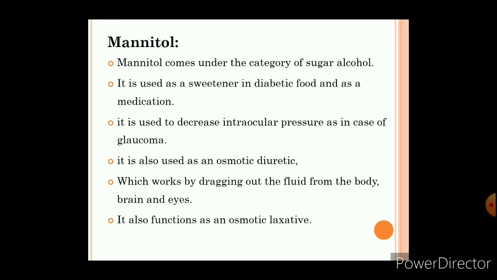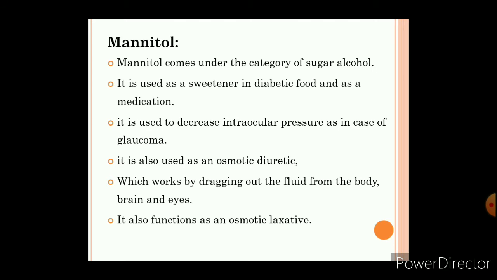The drug used as an osmotic diuretic is mannitol. Mannitol comes under the category of sugar alcohols. It is used as a sweetener in diabetic food and as a medication. It is used to decrease intraocular pressure, as in the case of glaucoma.